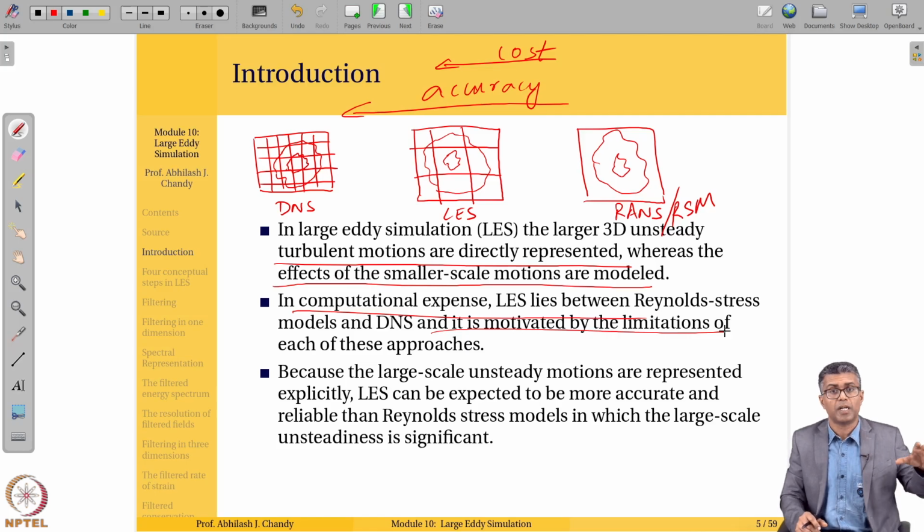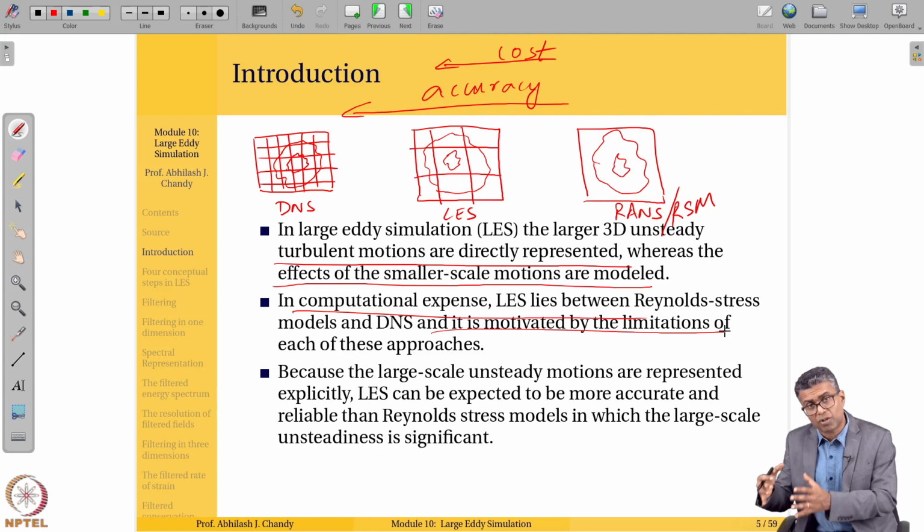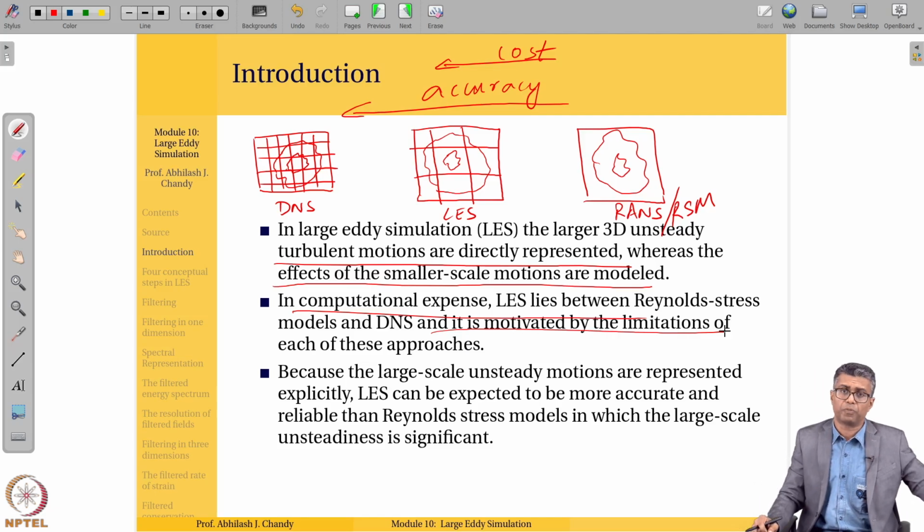There's going to be a time scale associated with the decay of those fluctuations, which results in a finite strain rate, which results in a finite Reynolds stress. In the RANS based approaches, we just say, okay, if the mean strain rate is 0, we say that the Reynolds stress is 0. And that is hardly the case. So that's one limitation. And so LES is motivated by the limitations of each of these approaches.